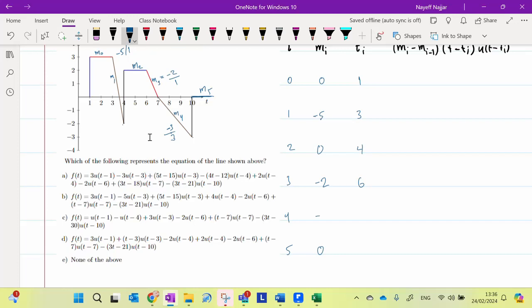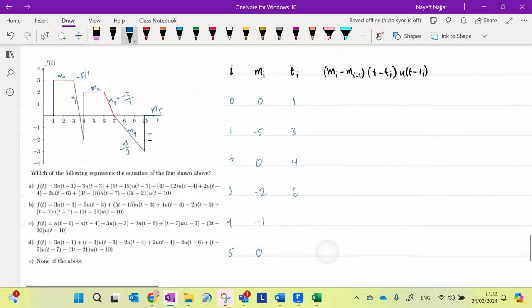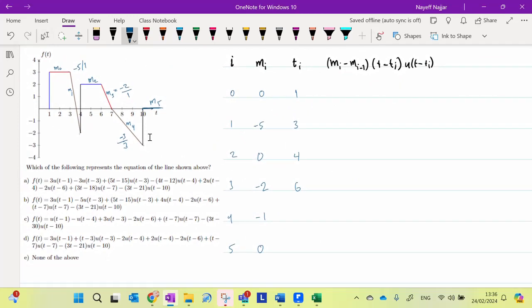Okay, so this is -1. And then finally I have the 0 over there. Segment 3 started at 6, segment 4 starts at 7, segment 5 starts at 10. So here we note that the slope did not change.